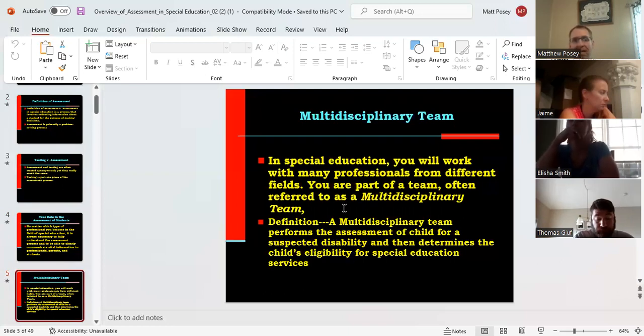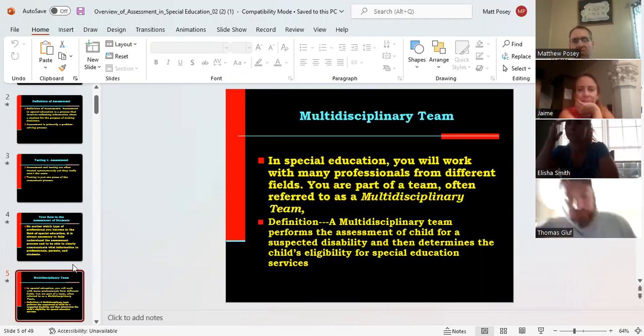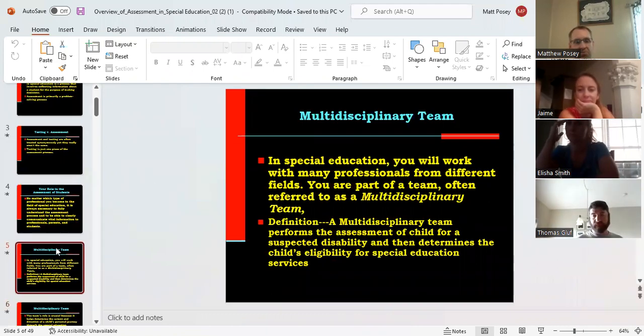So you're part of that team. Basically, it's performing the assessments for a child with suspected disabilities to determine eligibility for services. We're collecting various forms of data, bringing it into the team, and then we also do some formal assessments to see if that student qualifies for services.